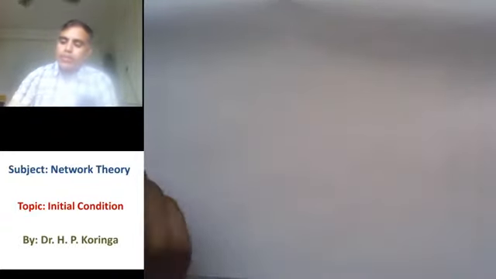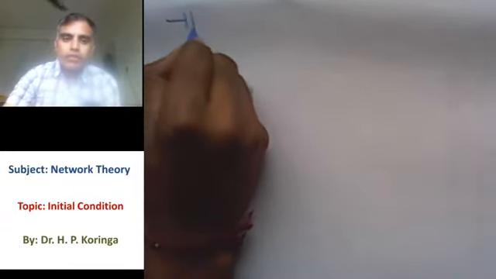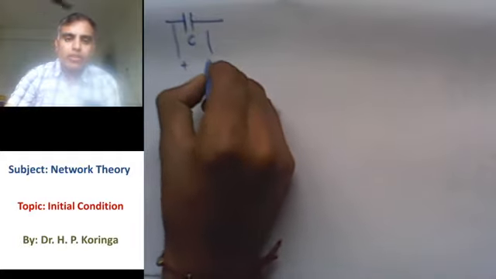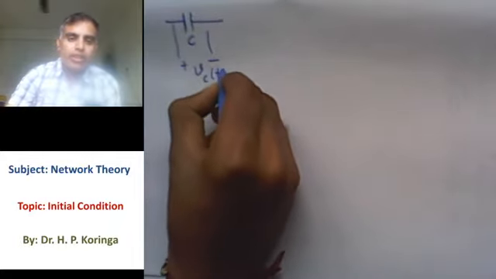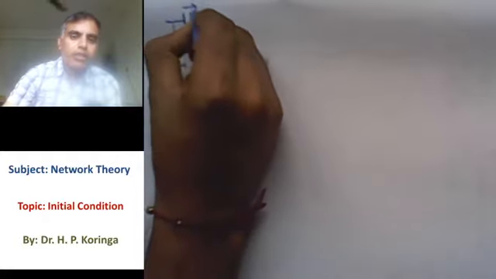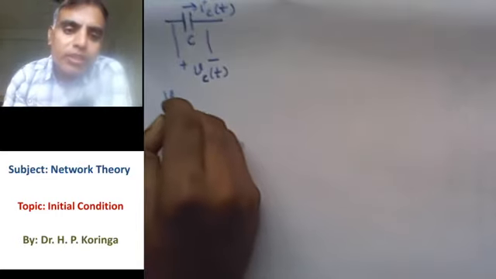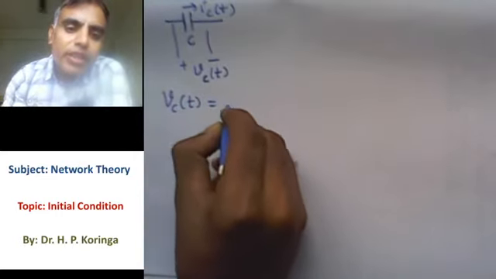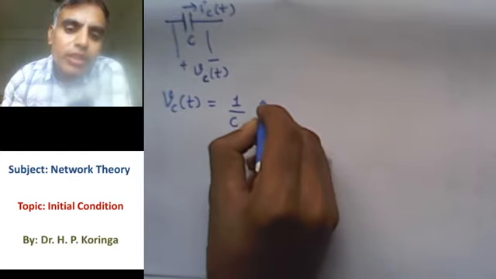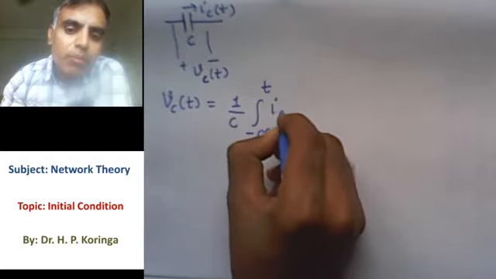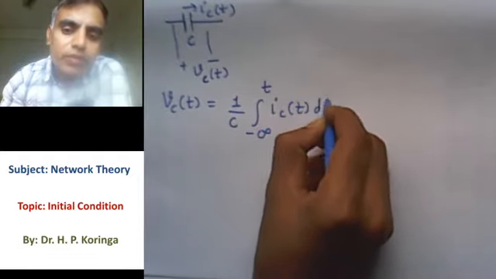For the capacitor, if the capacitor has voltage Vc of t at any time, it depends on the current passing through the capacitor, Ic of t. So the voltage across the capacitor Vc of t can be found as 1 upon C times the integration of the current passing through the capacitor from minus infinity to t, right?